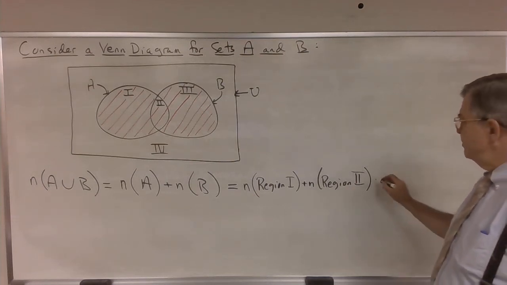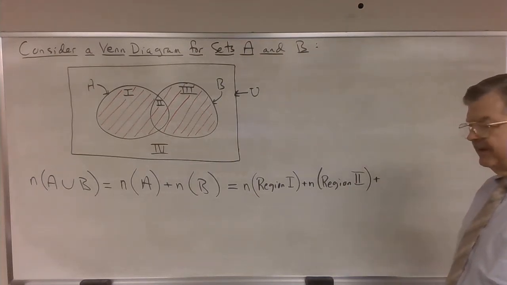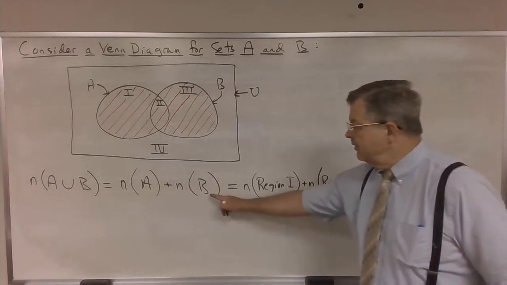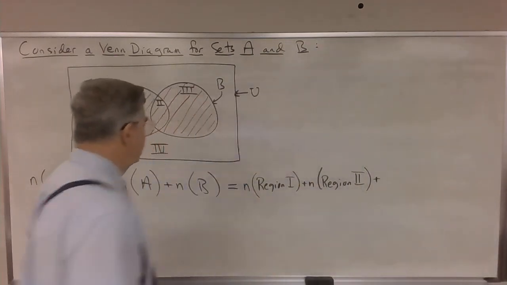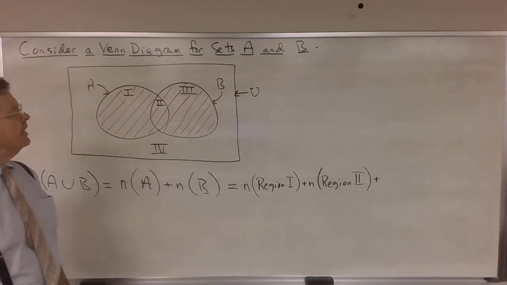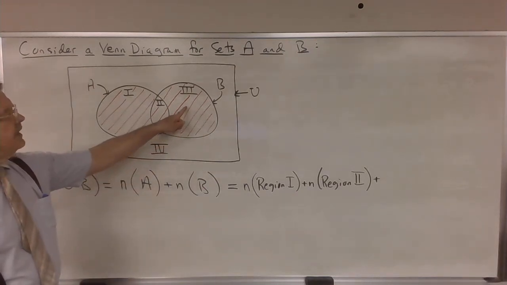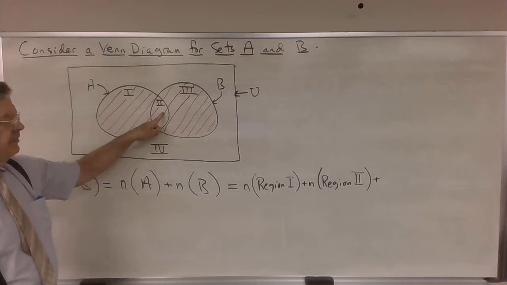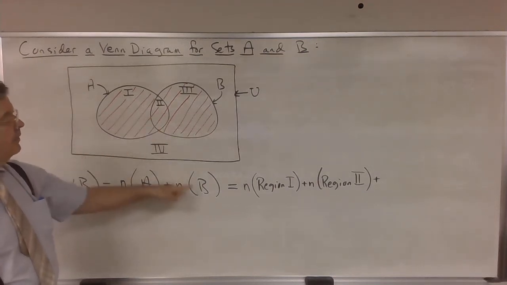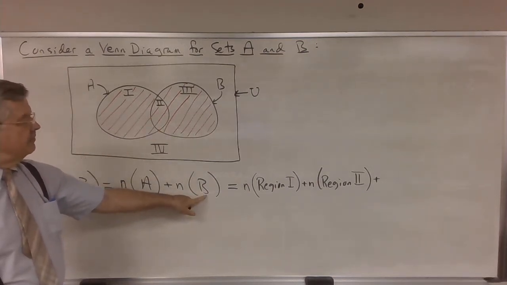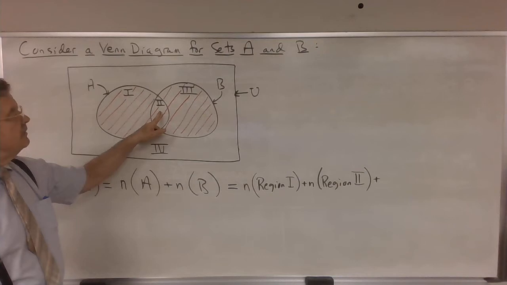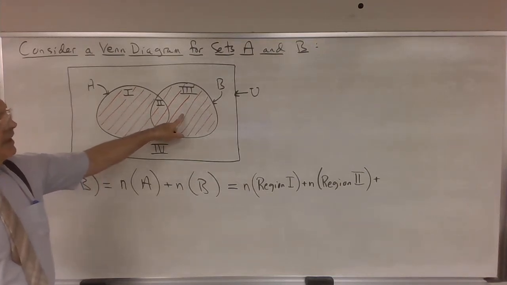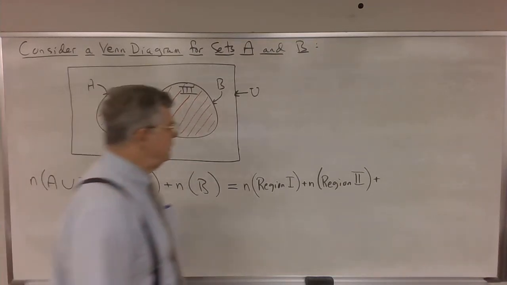Okay, now let's do B. The number of elements in set B: set B contains region 3 and region 2. So if we want the elements in set B, then we'll count the elements in region 2, and we'll count the elements in region 3.